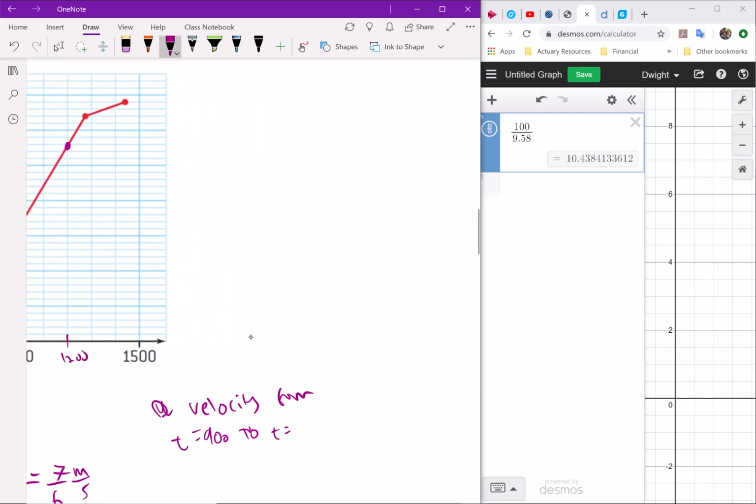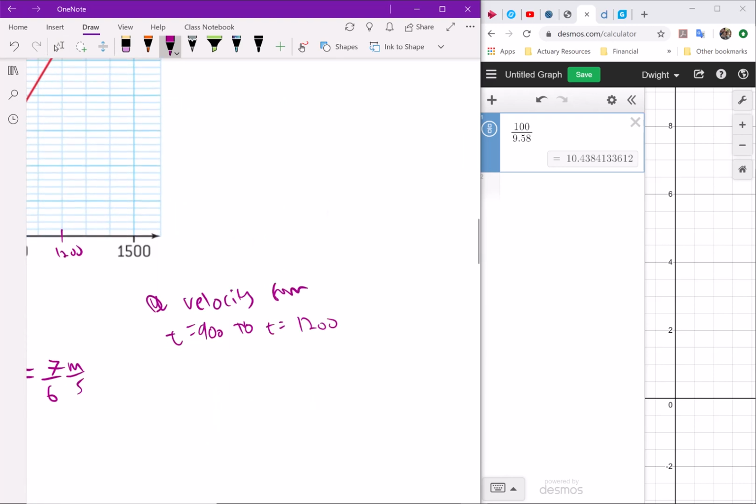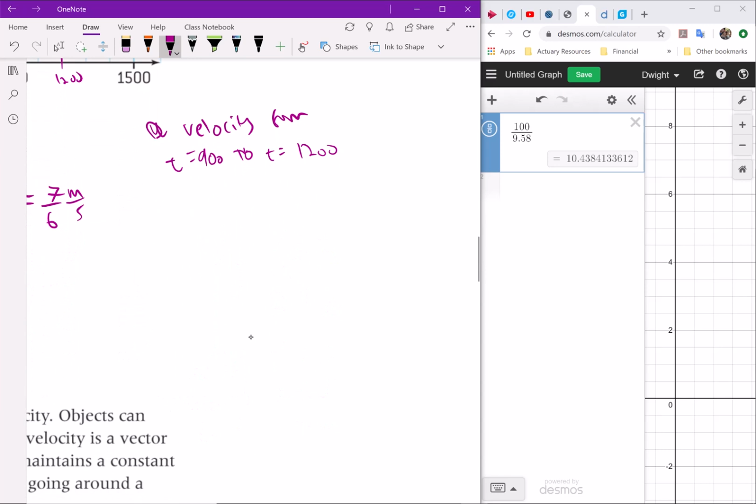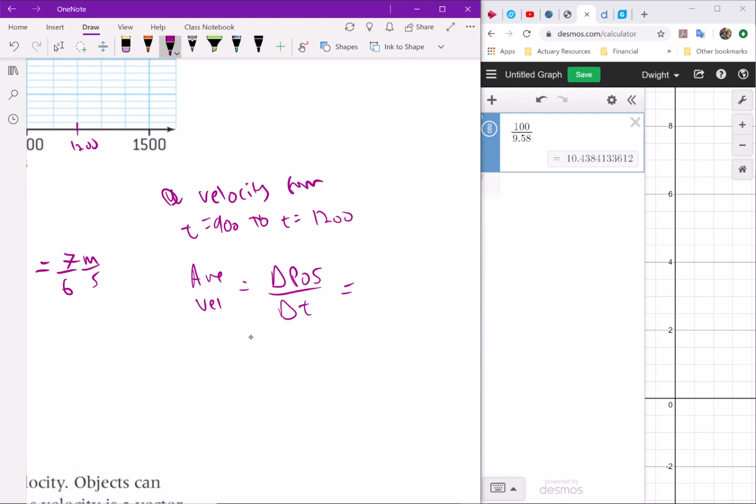So to t equals 1,200. Right? So what we need is, average velocity is going to be change in position over change in time, which again is just the final df minus the initial over the final time, t final minus t initial.